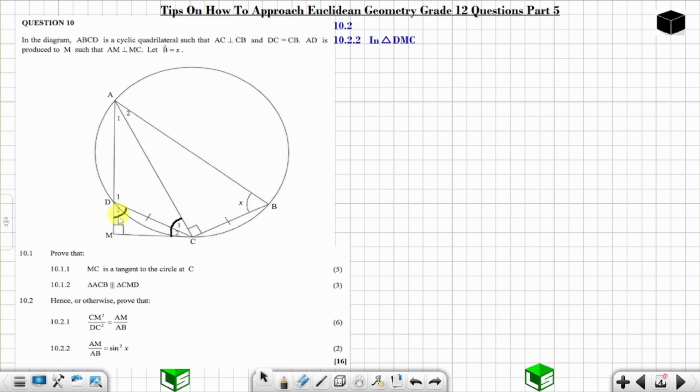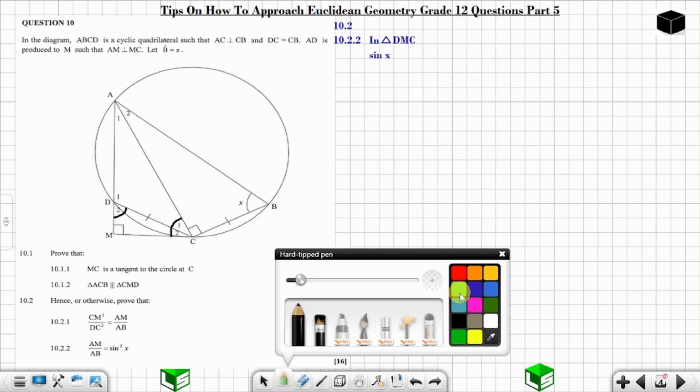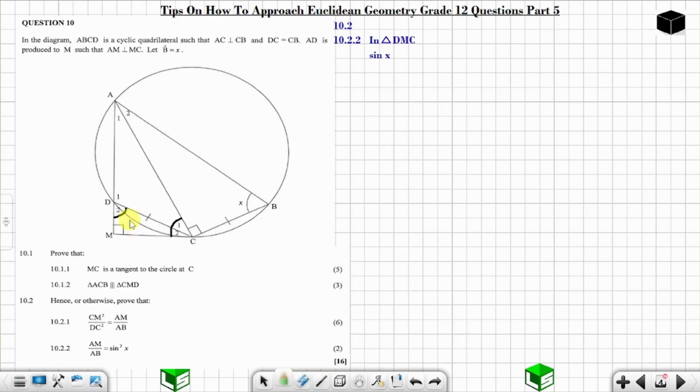Sin of this angle, which is x, is equal to opposite over hypotenuse.